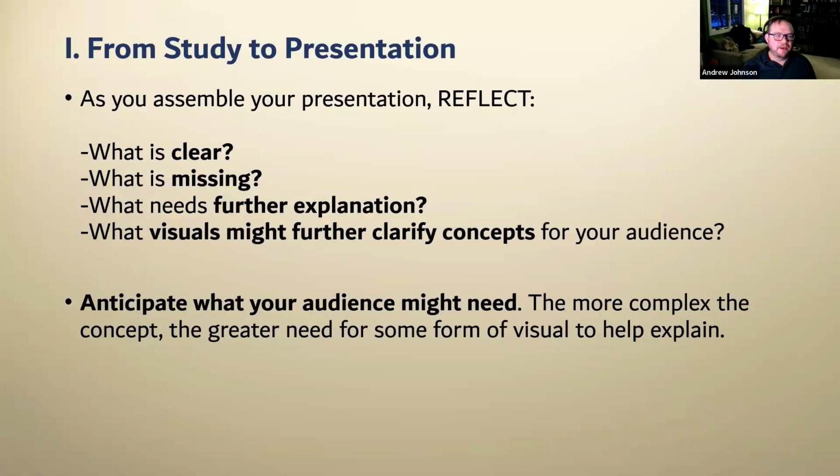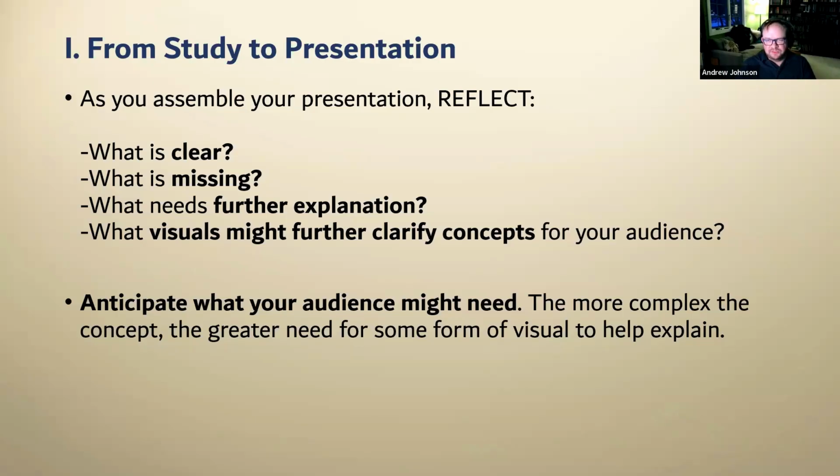All right. Now, before you actually assemble a presentation and before you think about, oh, I've got to add this visual or that visual, it is important to reflect on what you actually currently have. When you're looking at your slides overall, what is clear? What is missing? What needs a better explanation?